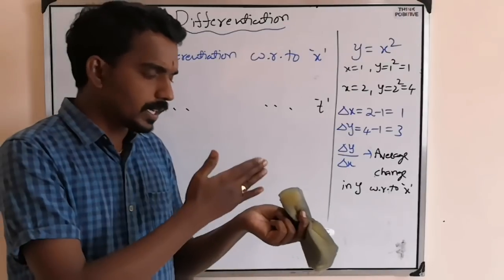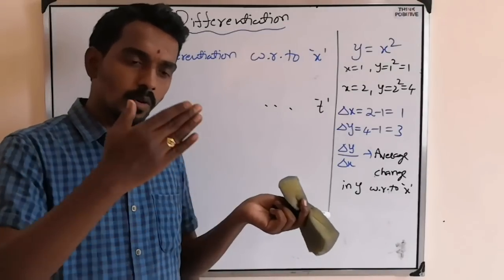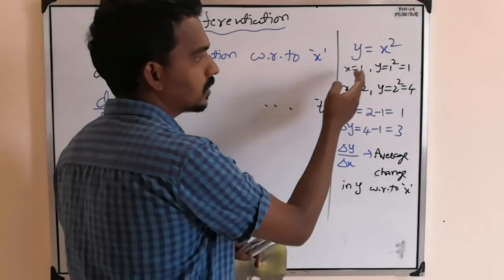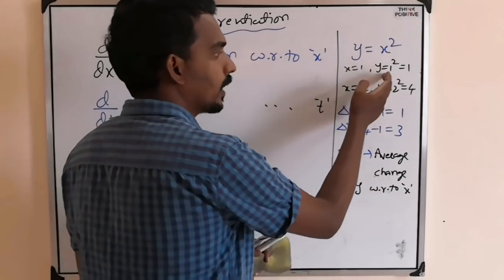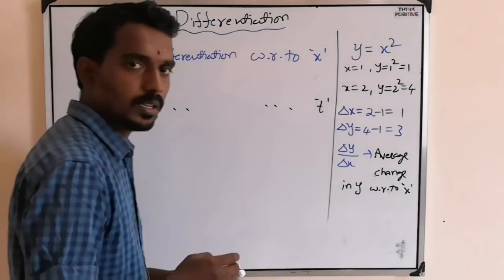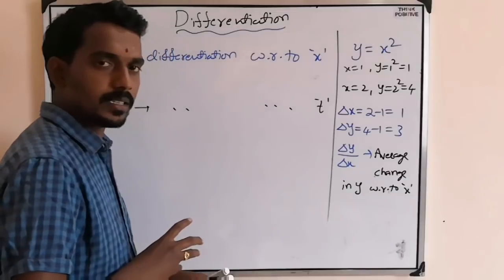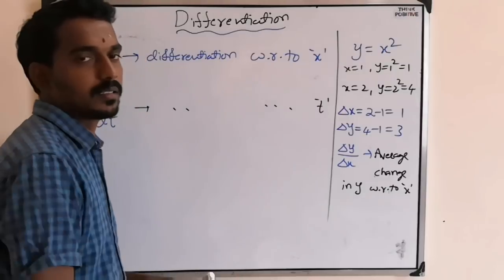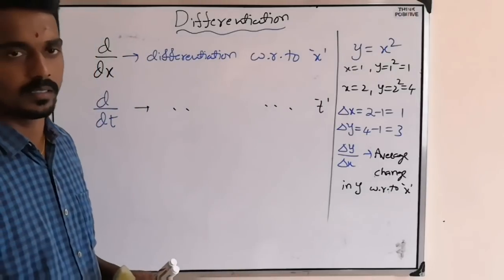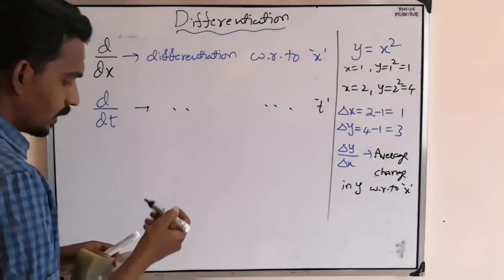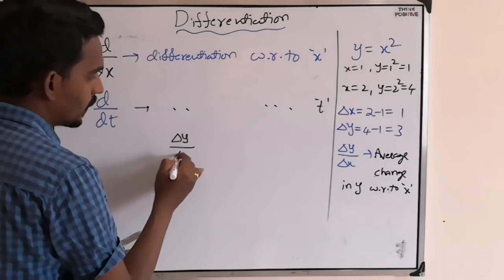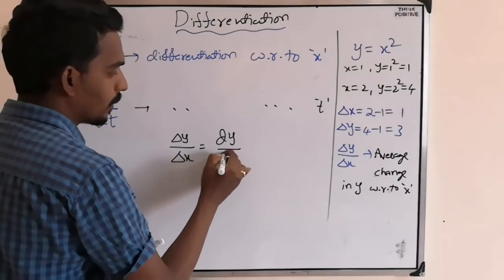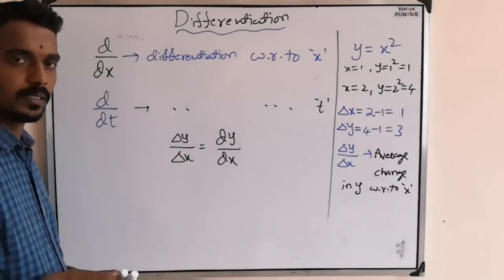Then from one particular finite value to another particular finite value, like x changing from 1 to 2 and y also changing from 1 to 4, the corresponding change in y with respect to x is called average change. What is that? Average change. But the same delta y by delta x, you can write as dy by dx.